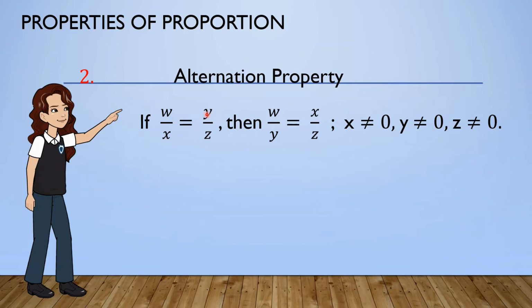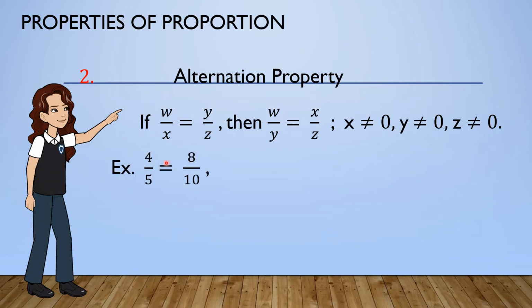This is W and this is Y. And it's equal to X, this is X and this is Z. That we call alternation. Provided that X is not equal to 0, Y is not equal to 0, and Z is not equal to 0.